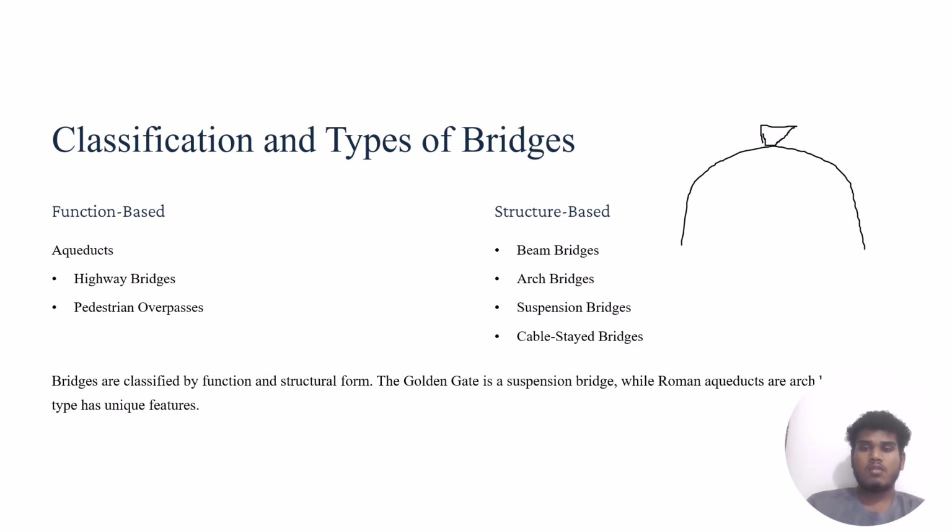If the keystone is removed, the arc bridge can fall. So this is a very beautiful engineered bridge. Then next one is suspension bridges, and suspension bridge means mainly. Then the next one is cable stayed bridges.